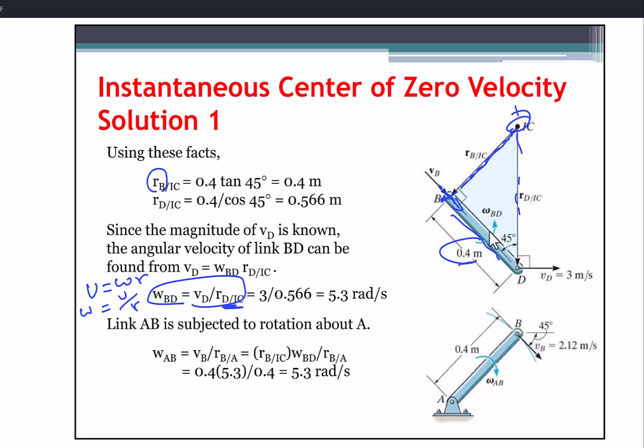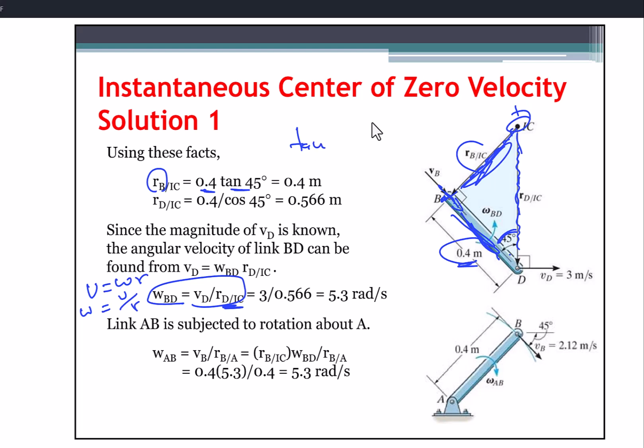If you look at the triangles, if this is 45 and this is the hypotenuse, and this is the opposite, and this is the adjacent. So tan is nothing more than the opposite divided by adjacent. So this is 0.4, which is the length of this, times the tangent of this angle.